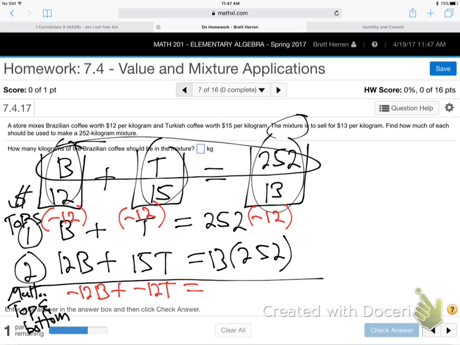12 times 252. Somebody got that number? 3276 negative, thank you. 3276. And what's 13 times 252? It's got to be bigger. 3024?